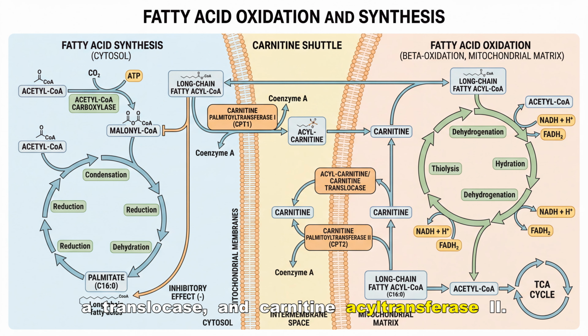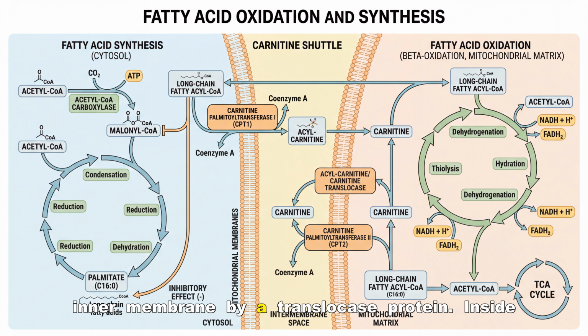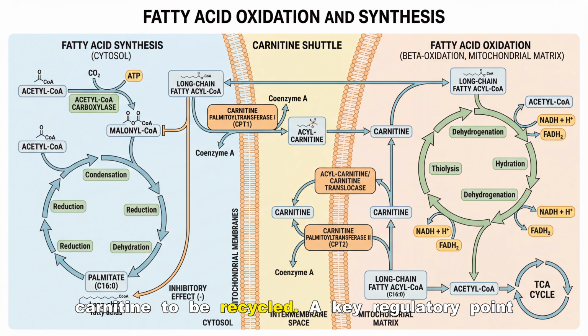First, carnitine acyl transferase 1, located on the outer mitochondrial membrane, transfers the fatty acyl group from CoA to carnitine, forming fatty acyl carnitine. This molecule is then transported across the inner membrane by a translocase protein. Inside the matrix, carnitine acyl transferase 2 transfers the fatty acyl group back to CoA, regenerating fatty acyl-CoA for beta oxidation and releasing carnitine to be recycled.